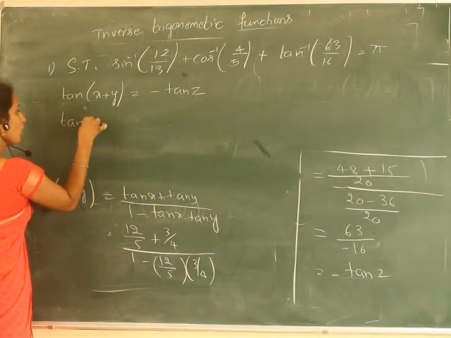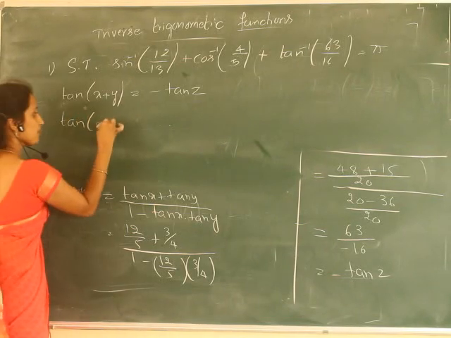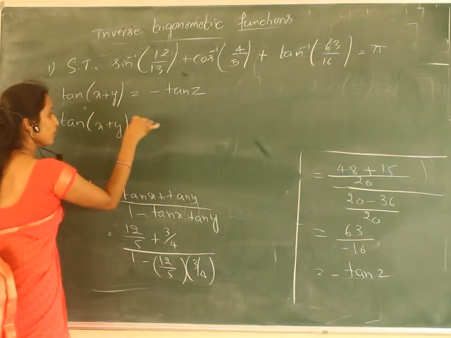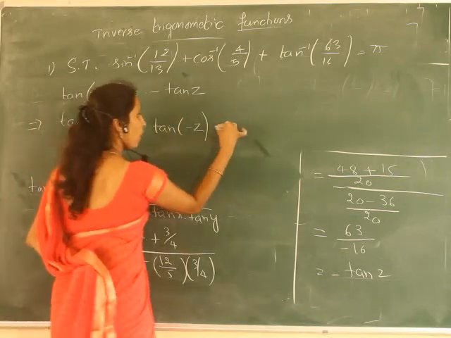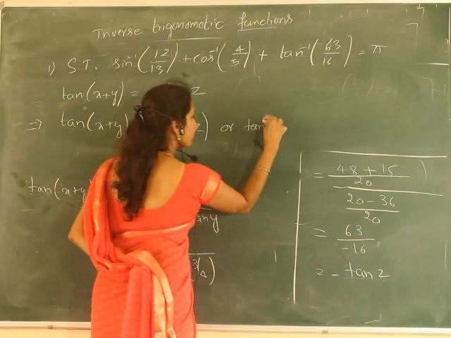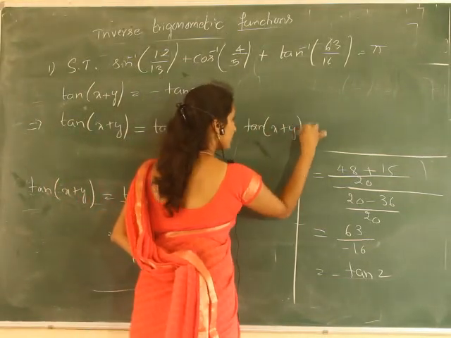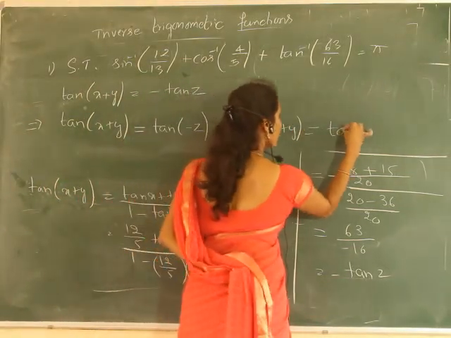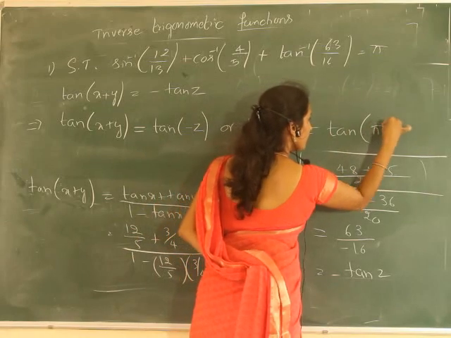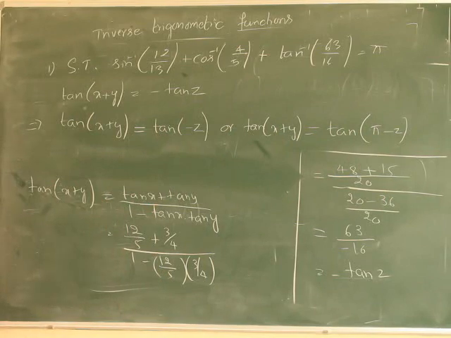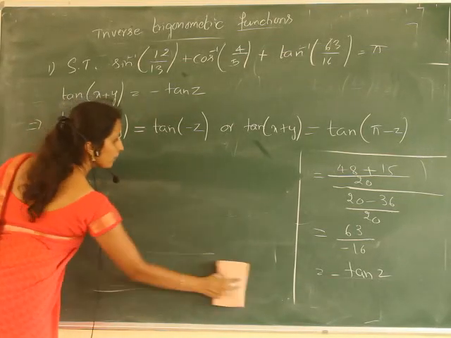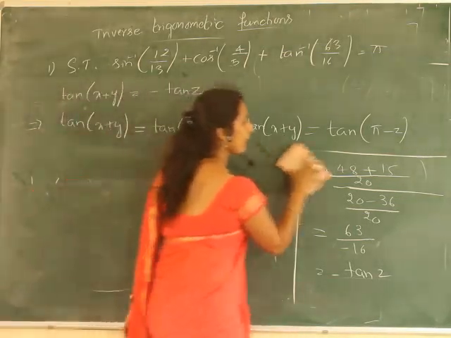One is tan of x plus y is equal to tan of minus z, and one more is tan of x plus y is equal to tan of pi minus z.